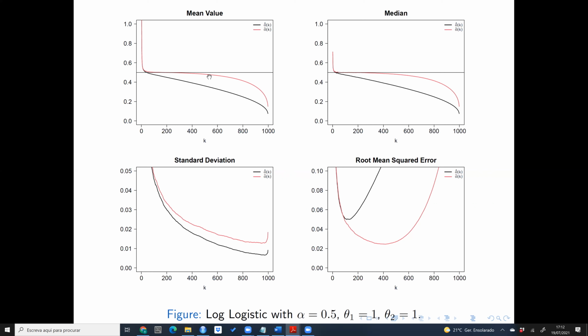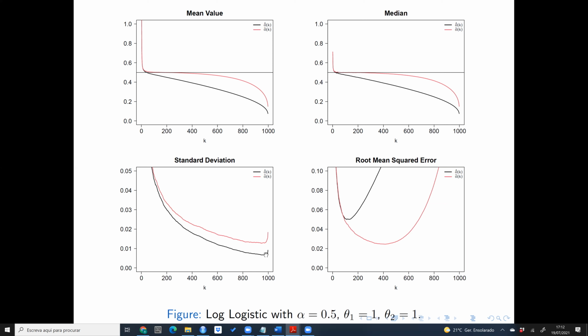We can conclude that the new estimator that has a bias corrected version has a smaller absolute bias than the modified Hill estimator, but a higher standard deviation than the modified Hill estimator.